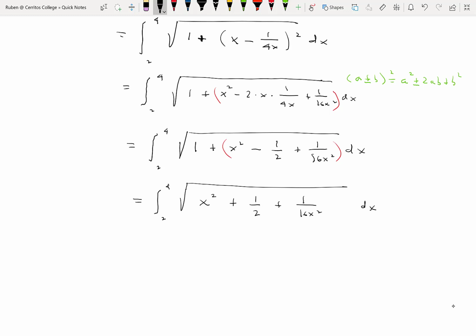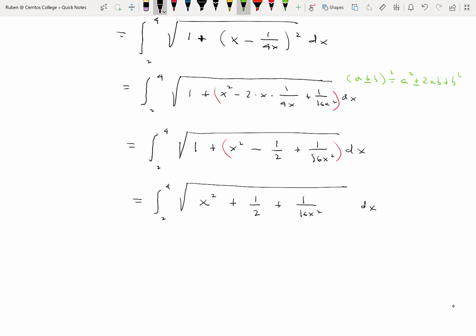Now compare, here's the trick. Compare what's in the red parentheses in the line just above with what's under the radical sign now. The only difference is the sign or the operation, minus and plus. Now back to the red parentheses. That minus 1/2 corresponded to the original (x minus 1 over 4x) squared. So if I had plus 1/2, I put plus 1/2 in its place.